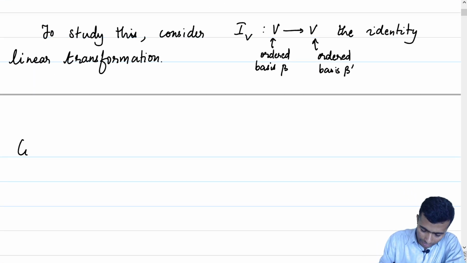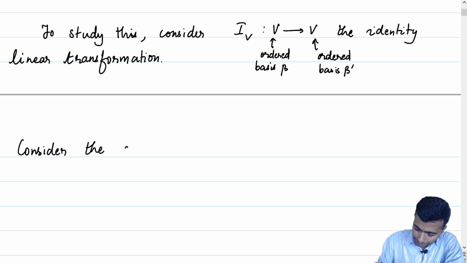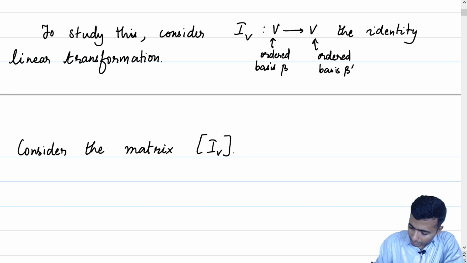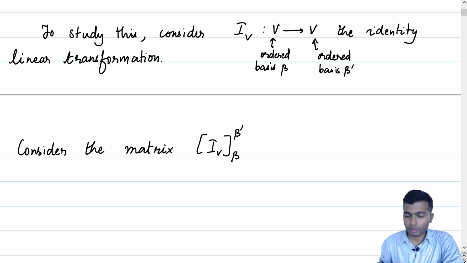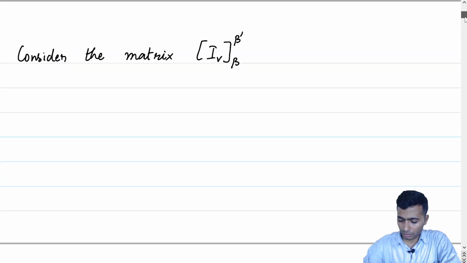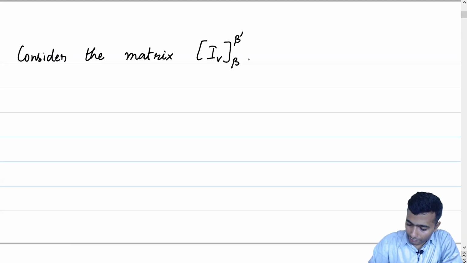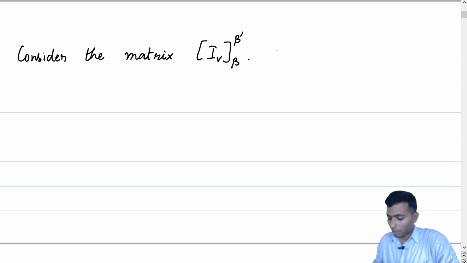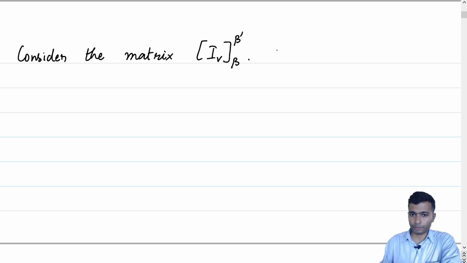So consider the matrix IV with respect to beta and beta prime. Let me tell you how this matrix is important, and then I will give you the name of this matrix.